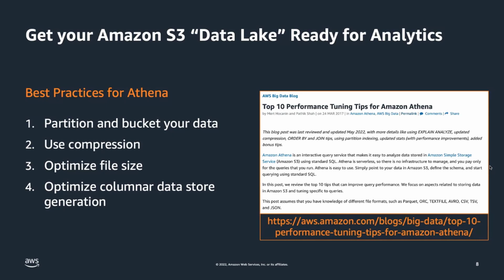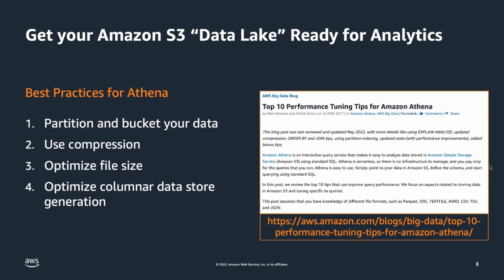So when you run a query, you only select the bucket that relates to your query. So you decrease the amount of data that you scan and you increase the velocity to get data analysis done.